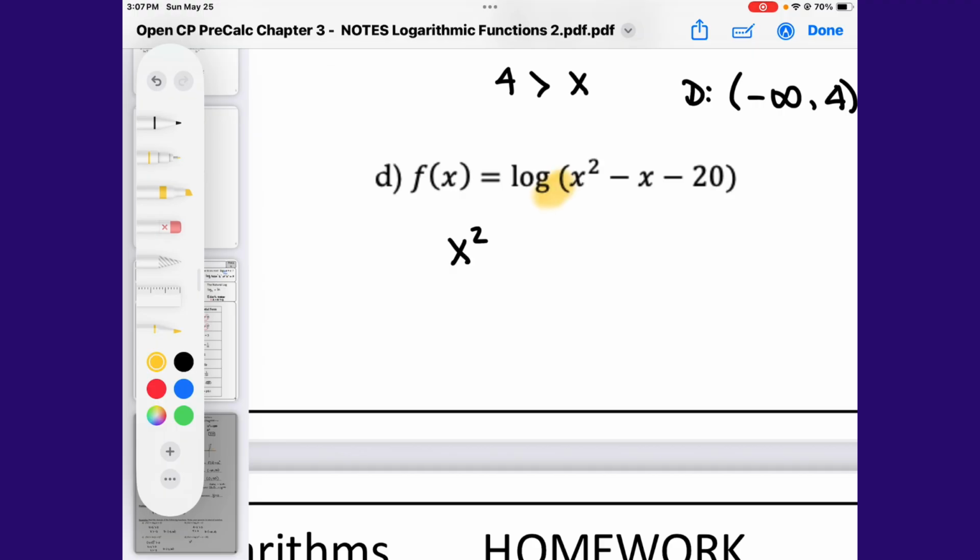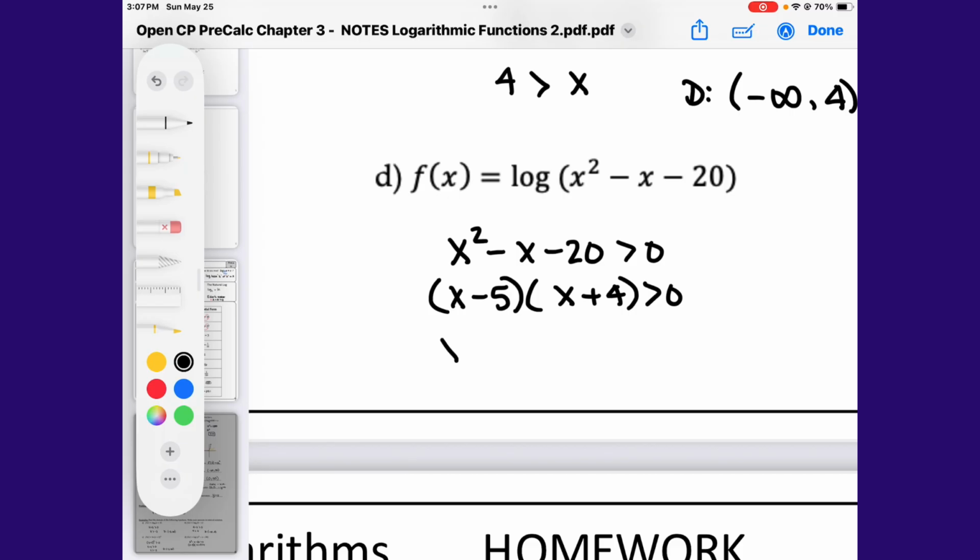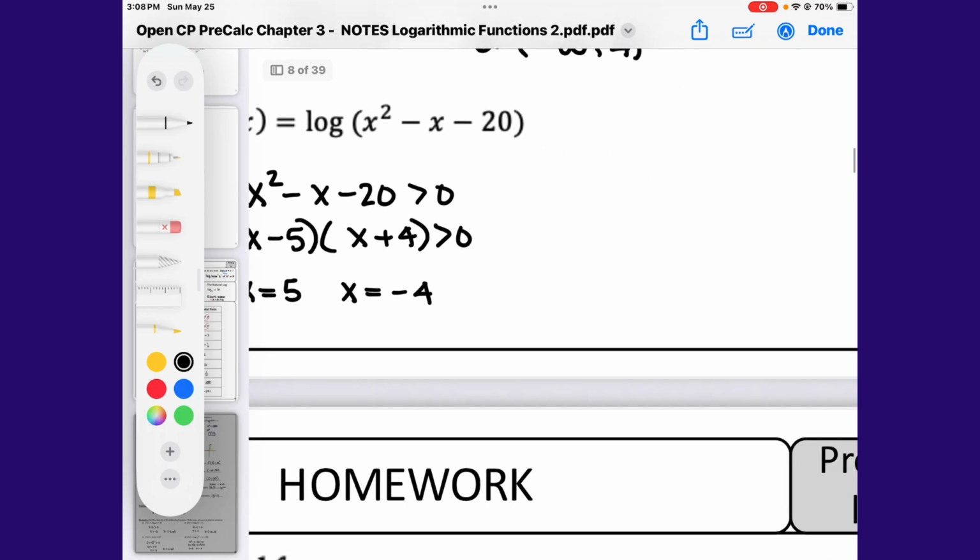Notice here that there is no base given on that log, but we remember that that's base 10. All right, so in order to solve this quadratic, we're going to factor it. We're going to get our two critical values. So we know that x is equal to 5 and x equals -4 are our critical values.